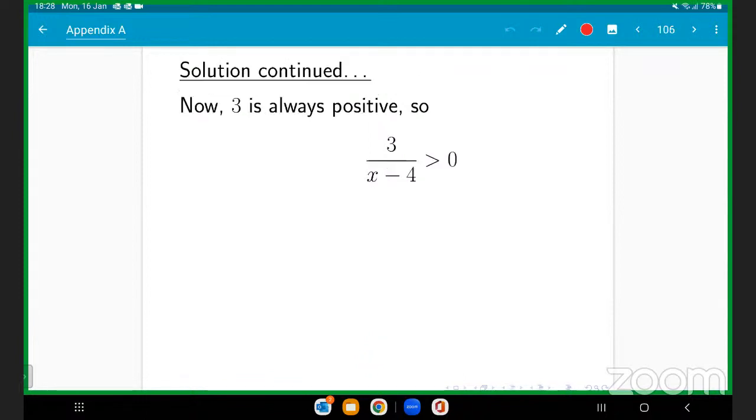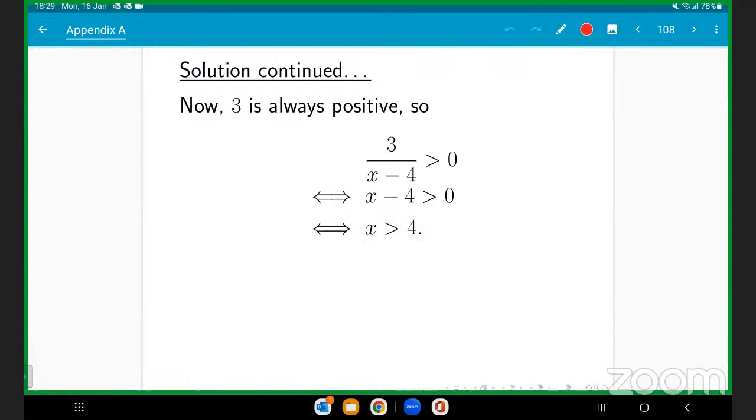In other words, because 3 is positive, this is positive precisely when x minus 4 is positive, since positive 3 has no influence on the sign of the entire expression, 3 over x minus 4.